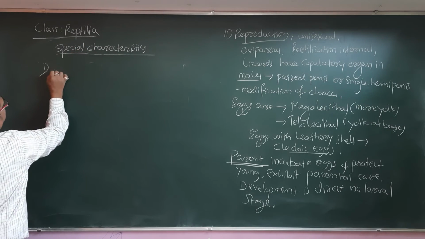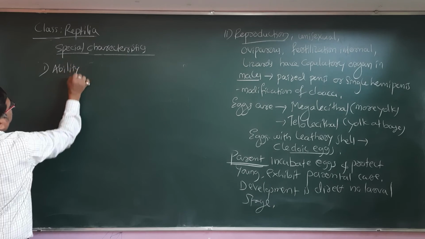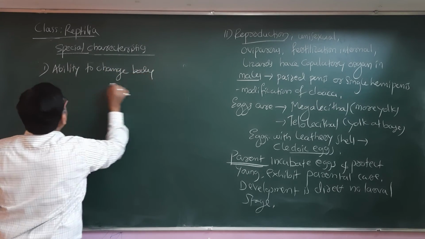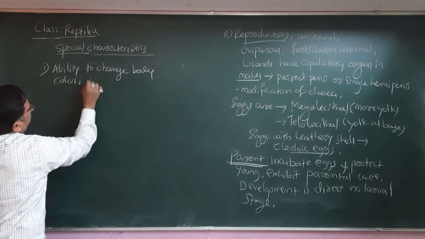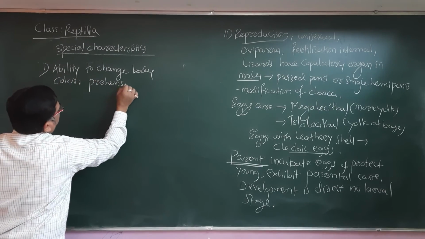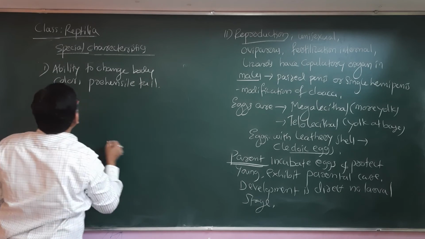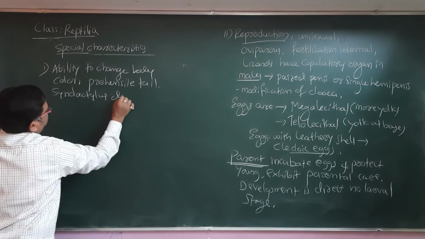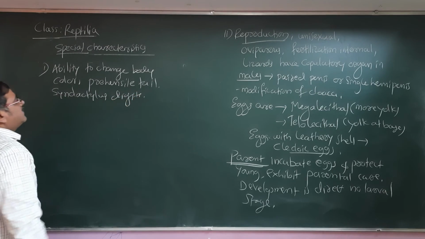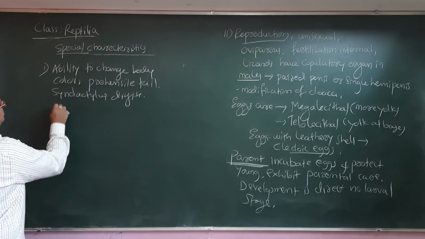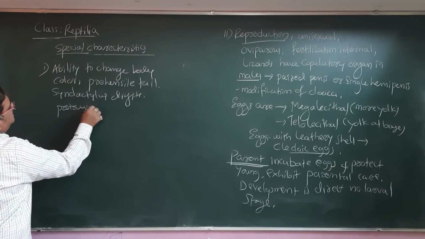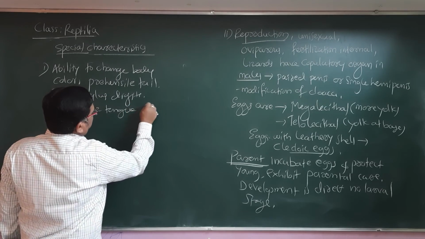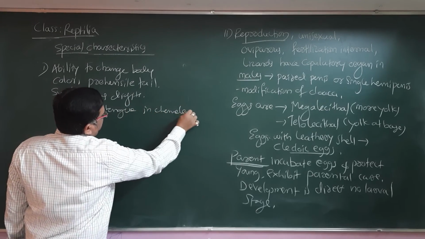Number one, ability to change body color, prehensile tail, syndactylous digits, and protrusible tongue, as in the chameleon.